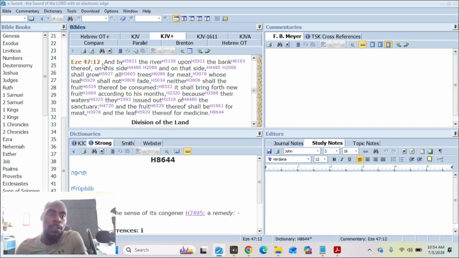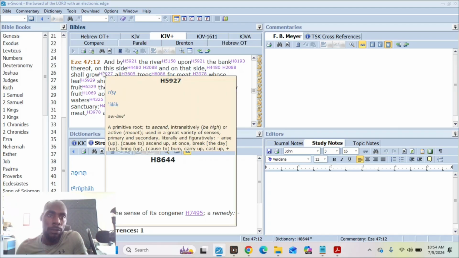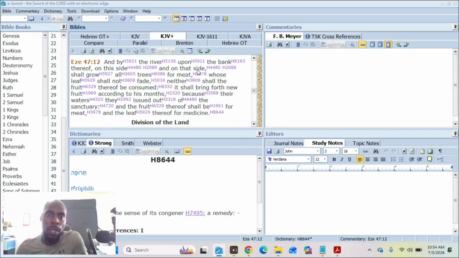Ezekiel chapter 47 and verse 12. And by the river upon the bank thereof, on this side and on that side, shall grow all trees for meat. Our meat should be growing from trees, whose leaf shall not fade, neither shall the fruit thereof be consumed. It shall bring forth new fruit according to his months, because their waters they issued out of the sanctuary.